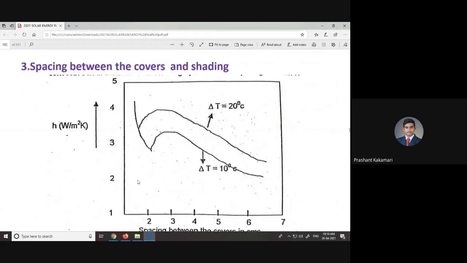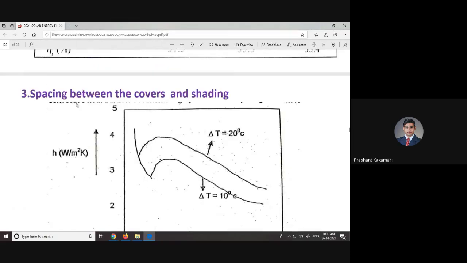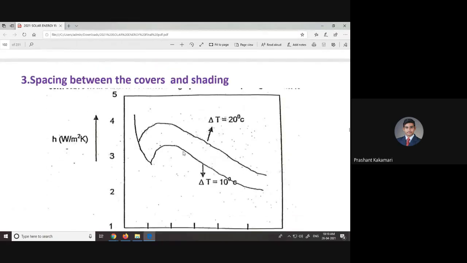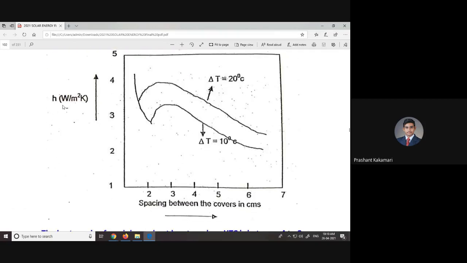Now the next part is spacing between the covers. Spacing between the covers and shading, if you see, should have very low shading. So that's why we need to go for tilt factor or the slope of the given surface, and shading should be taken care of. So more shading should not happen. And for this convective heat transfer coefficient for the loss, more losses will be there when the spacing between 2 covers is between 2 to I think 3.5 somewhere here.